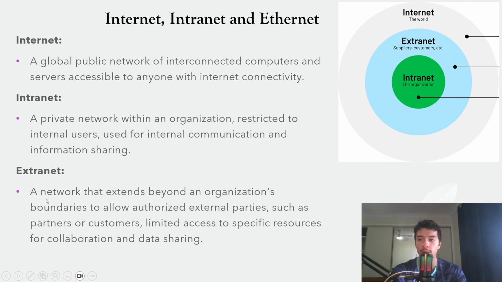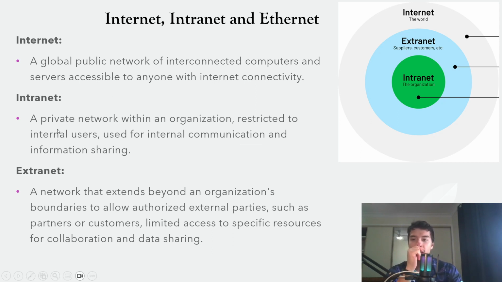Now, I'll do the extranet first. Anyway, an extranet is a network that extends beyond an organization's boundaries to allow authorized external parties such as partners or customers limited access to specific resources for collaboration and data sharing. Over here, you've got suppliers, customers, etc. So it's more contained communication.